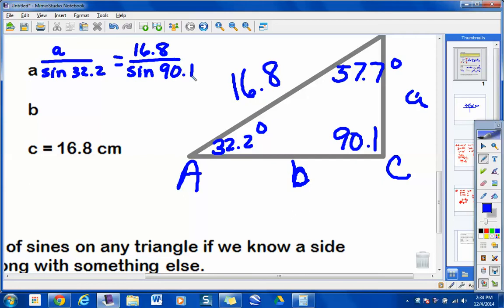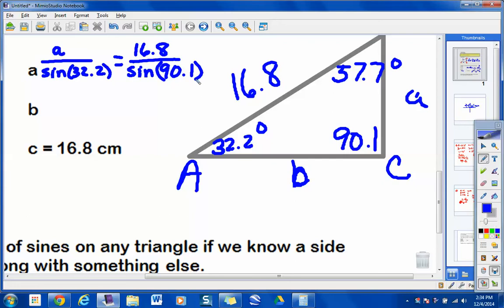Now, I don't know how comfortable you guys are punching stuff in your calculator. But if you would just cross multiply and divide like this, make sure that the values in a sine function are in parentheses, and you'll be able to get it. If you go sine parentheses 32.2 times 16.8 divided by sine parentheses 90.1, you will get an a value.